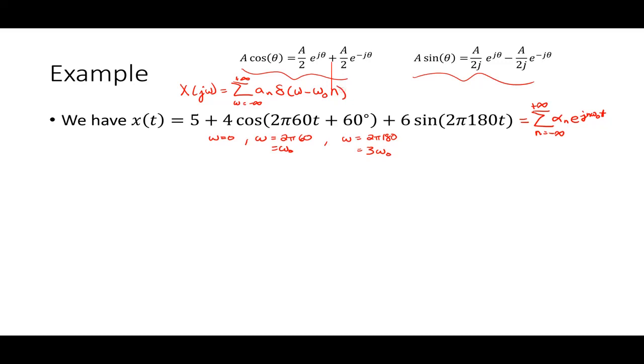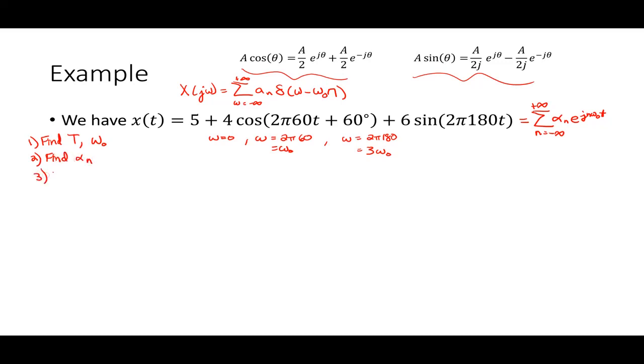That's my goal. To do that, I'm going to do it in 3 steps. Step 1 was to find omega naught. I've already done that. That's 2 pi 60. Now I'm going to find my alpha n.